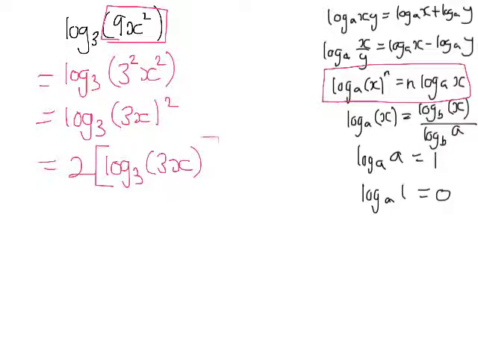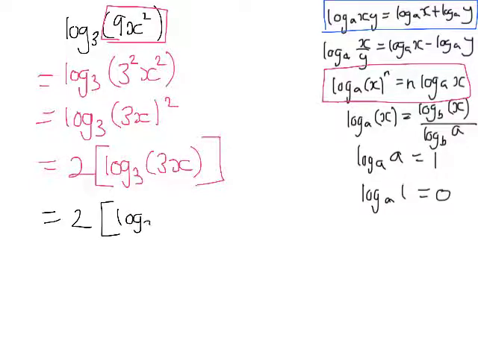Let's just put brackets around this, because now we can use our first law of logs on log to the base 3 of 3x, and we can say that this is 2 times log to the base 3 of 3 plus log to the base 3 of x.